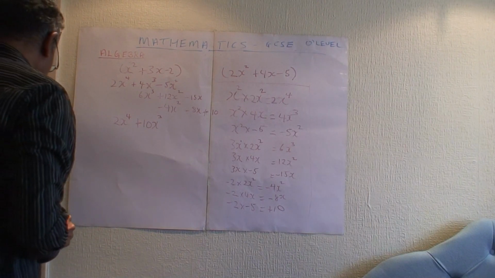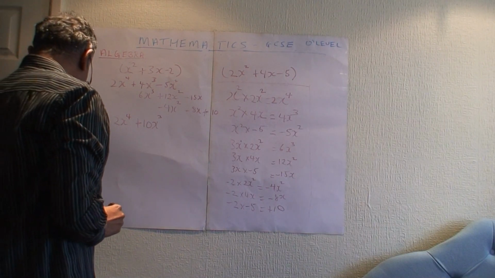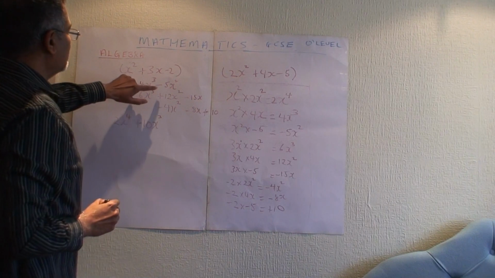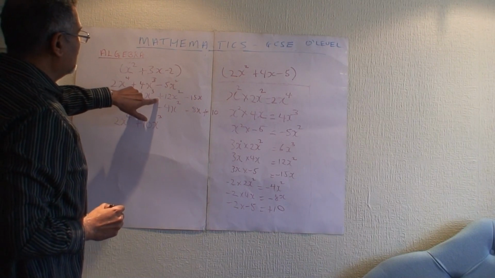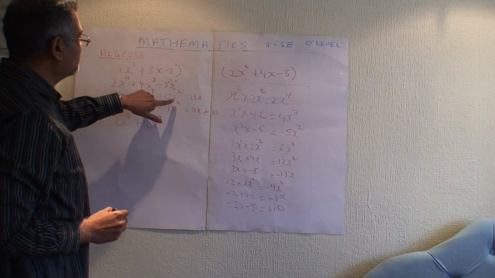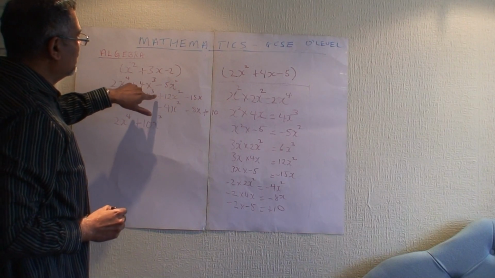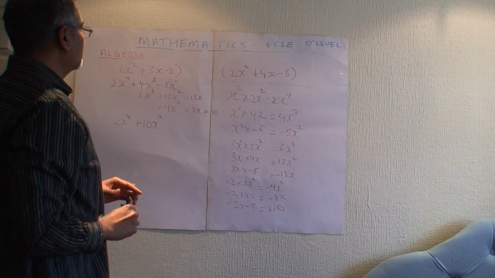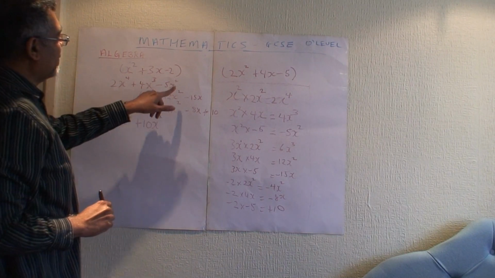Now we have minus 5x squared plus 12x squared, which works out to be 7x squared.